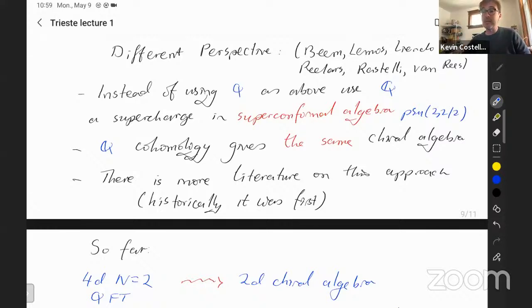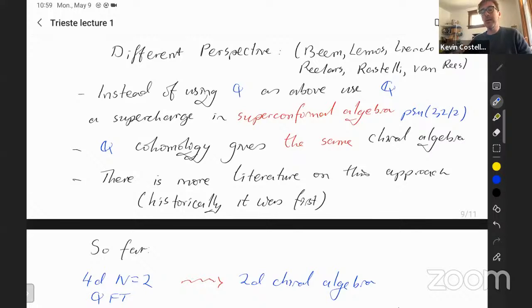So the different perspective developed by Beem, Lemos, Liendo, Peelaers, Rastelli, and van Rees says that instead of taking an ordinary supercharge, like we've been doing, they take a superconformal charge, which lives in the superconformal algebra, which in this case is PSU(2,2|2).